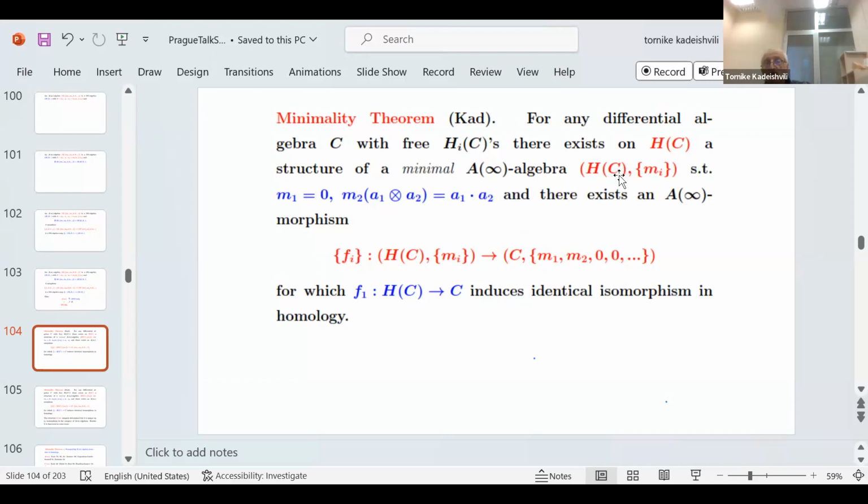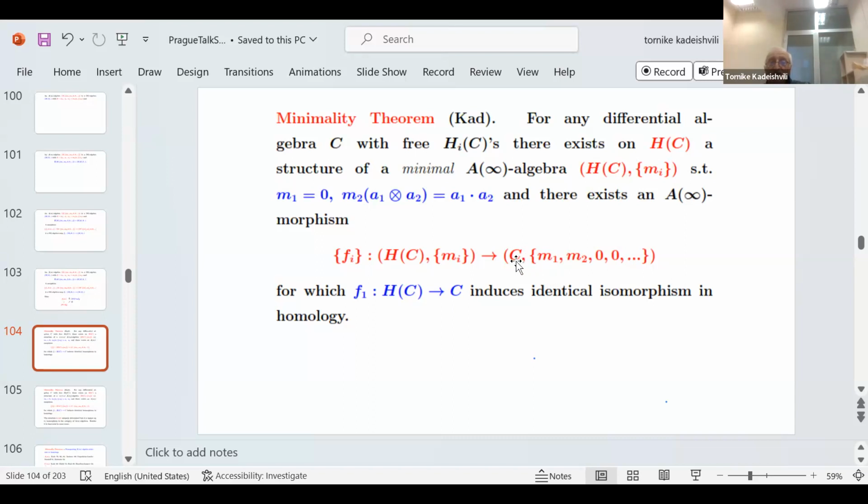And homology equipped with M1, M2, M3, M4, and so on is exactly as informative as the starting chain complex.